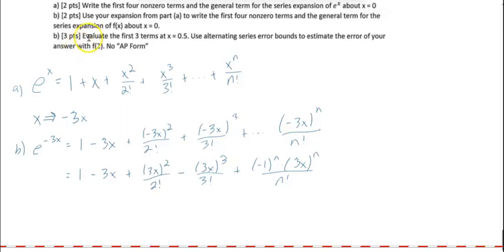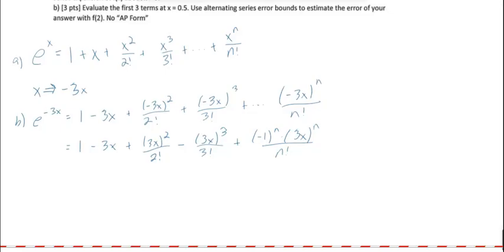All right, so let's do part C. Evaluate the first 3 terms for x equals 0.5. So that is part C. e to the negative 3 times 0.5. And now I'm only taking the first 3 terms, so I'm going to write approximately instead of equals.